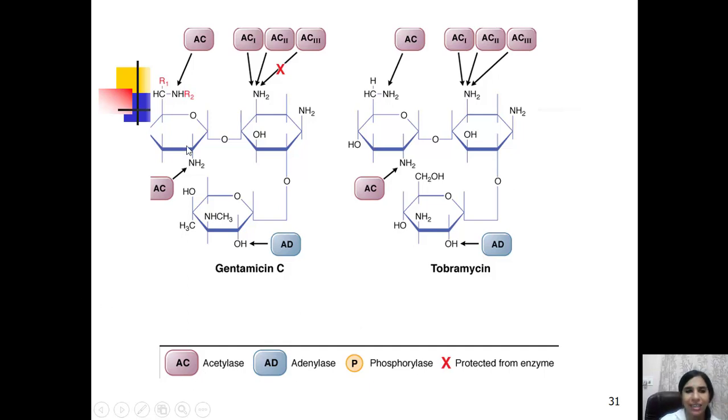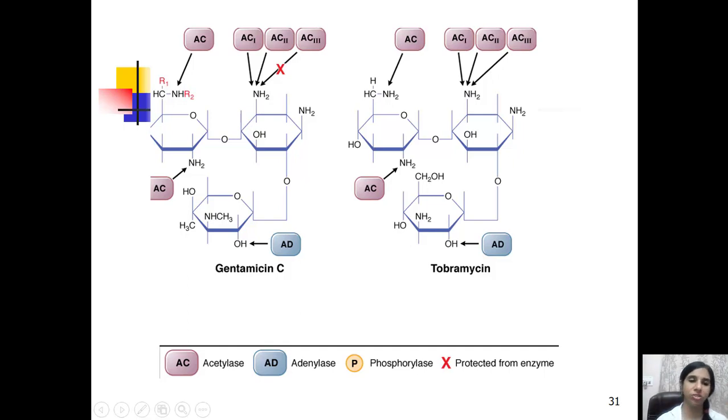And you see these acetylase enzymes, adenylate enzymes, and all these enzymes, which inactivate the aminoglycoside. When a bacterium develops resistance to an aminoglycoside, it produces around it these aminoglycoside inactivating enzymes. In other words, they can be called aminoglycoside acetylating enzymes, adenylating enzymes, and phosphorylating enzymes. These enzymes change the structure of the aminoglycoside to such an extent that the structure of the antimicrobial is altered.